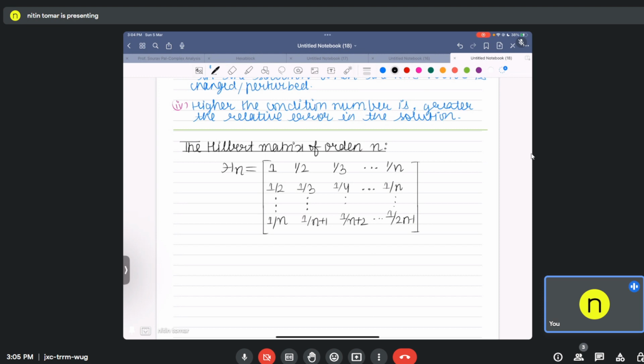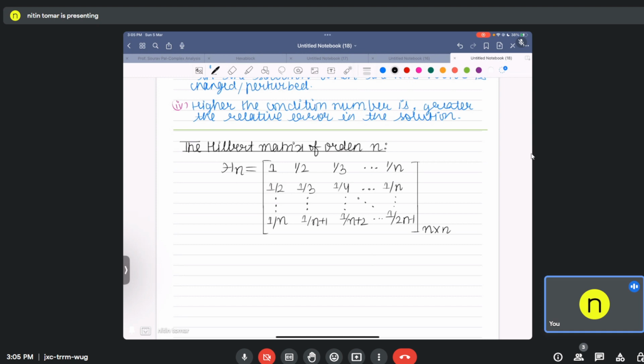So is this matrix invertible? What do you think? Is this matrix invertible? Yes, sir. I think it is invertible. Why? I didn't see any pattern like two rows being similar, or the determinant should be 0.